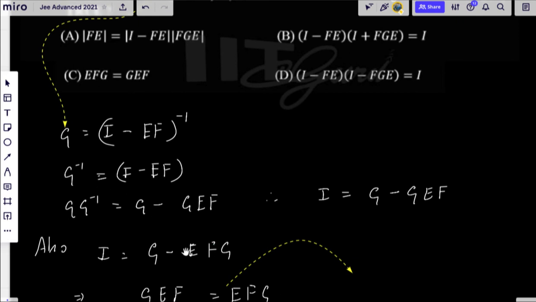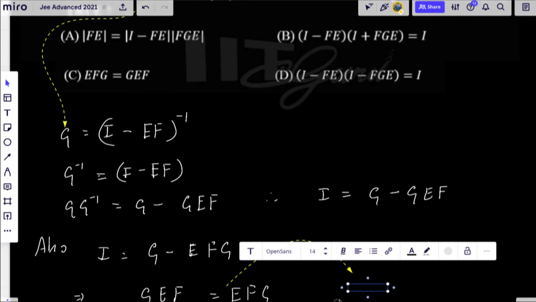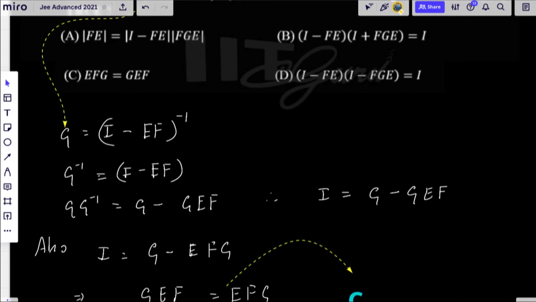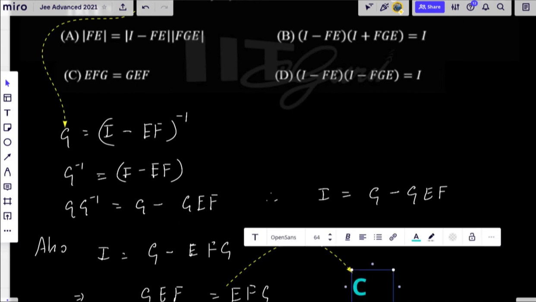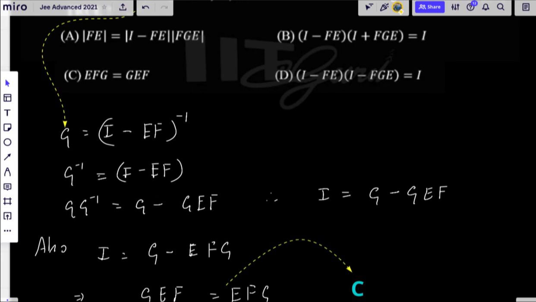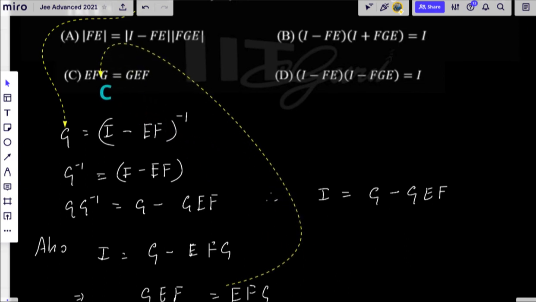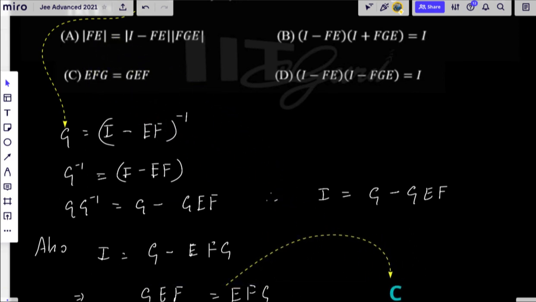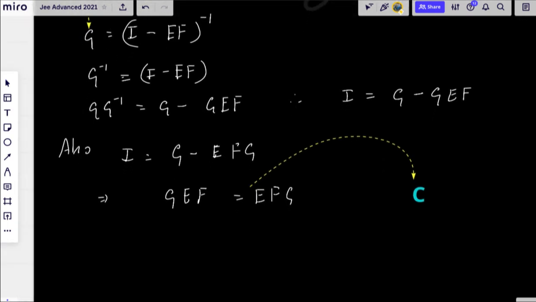So let's check, that is the C option: EFG is equal to GEF. GEF equal to EFG, we say. Okay, anyhow, the C option is correct.